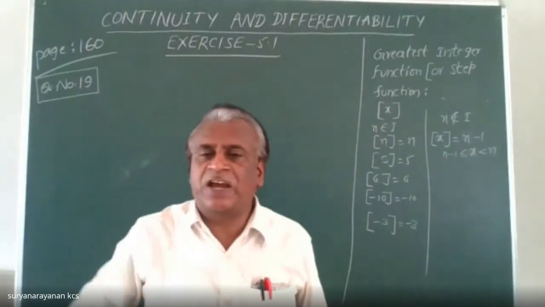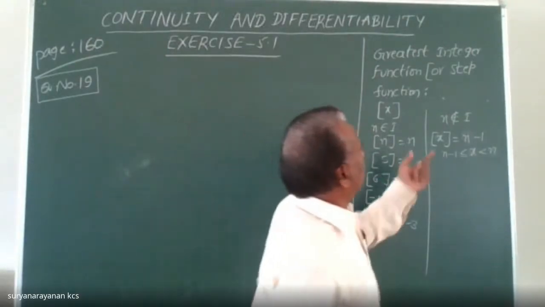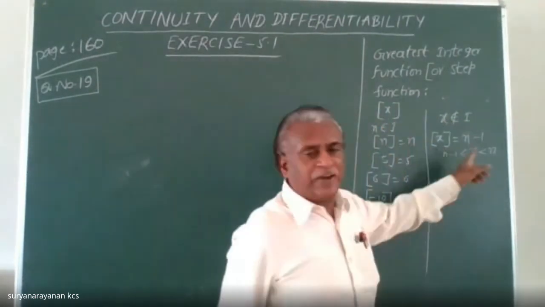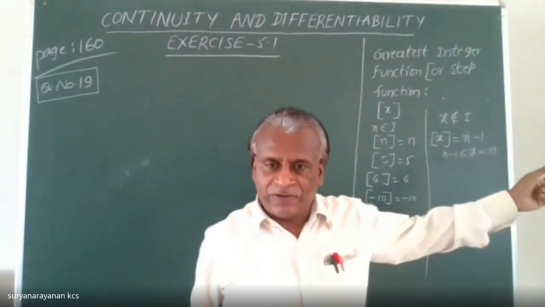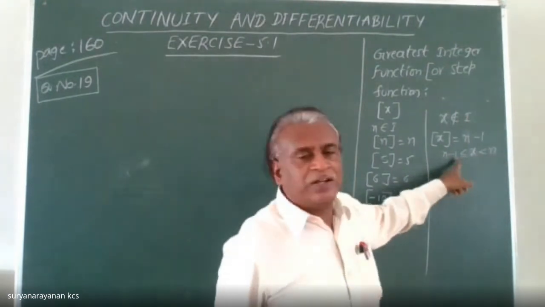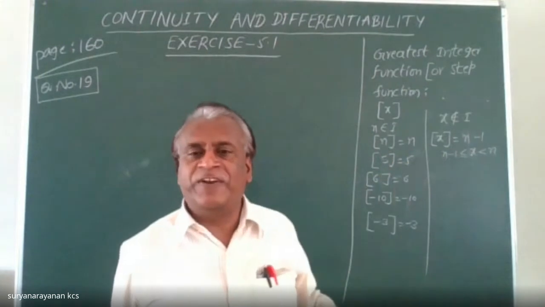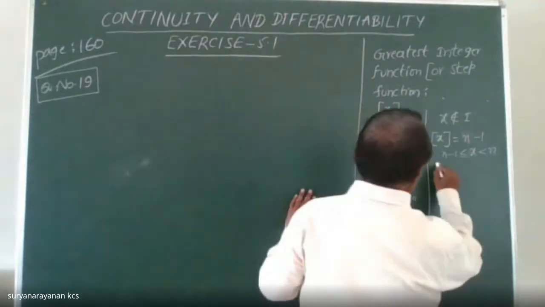If x is not an integer, then step x is defined as n minus 1, where n minus 1 is less than or equal to x, which is less than n. To understand this definition well, let us take some examples.